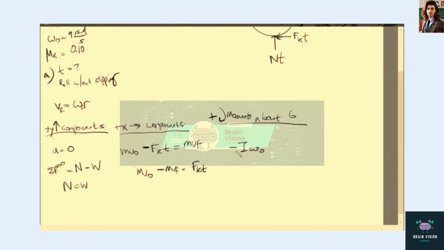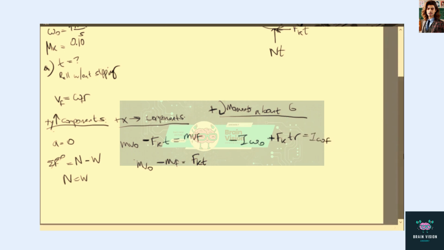So this is negative I omega initial plus FktR is going to be equal to I omega final. This is the initial angular momentum, this is the impulse being provided, and this is the final angular momentum.